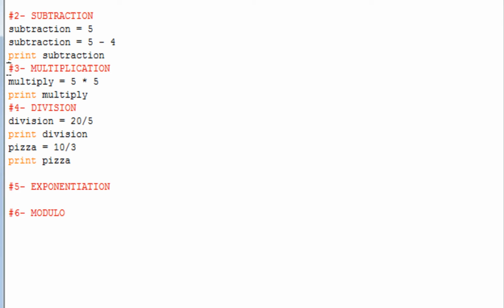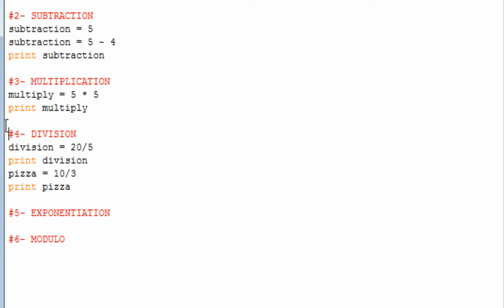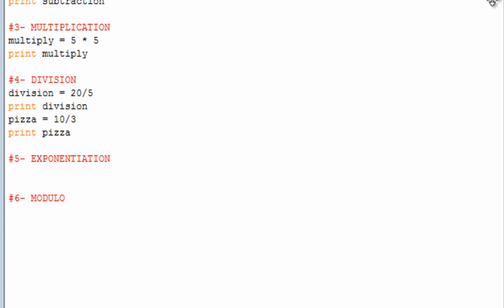Let me just separate these two. The next one is exponential. Now exponential just means exponents. So let's say house is equal to 9 and we wanted to square it.